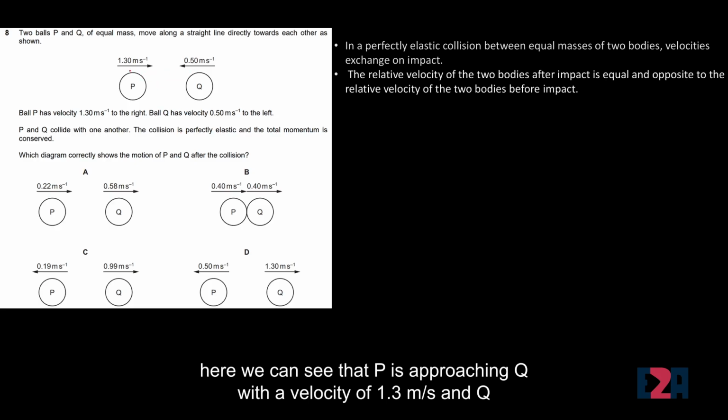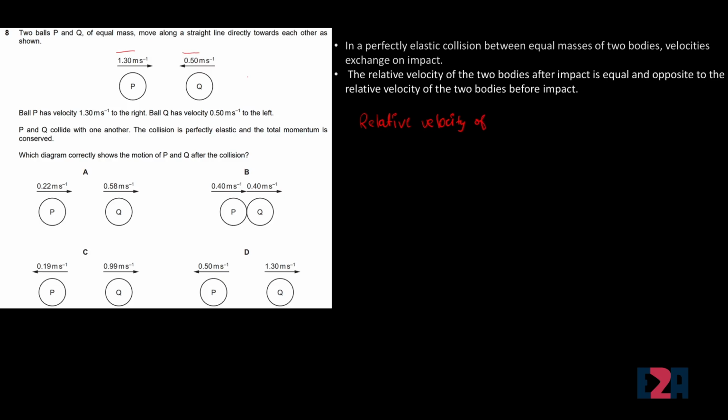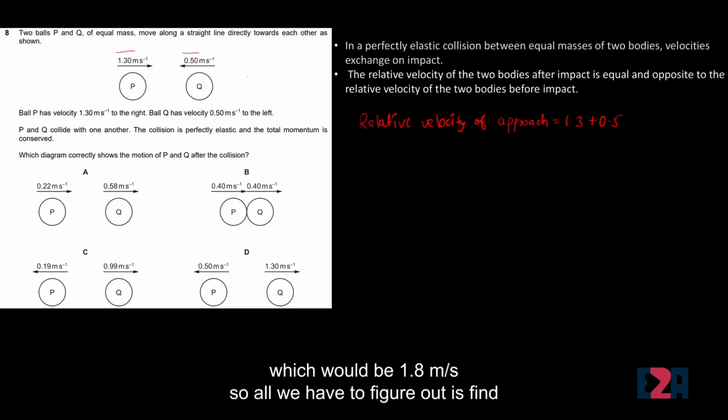Here we can see that P is approaching Q with a velocity of 1.3 meters per second, and Q is approaching P with a velocity of 0.5 meters per second. So the total relative velocity of approach is 1.3 plus 0.5, which would be 1.8 meters per second.